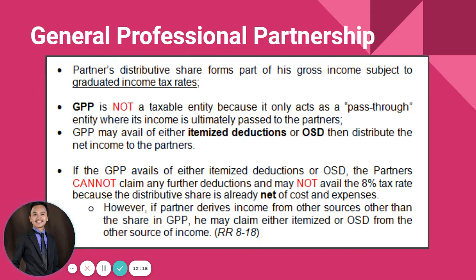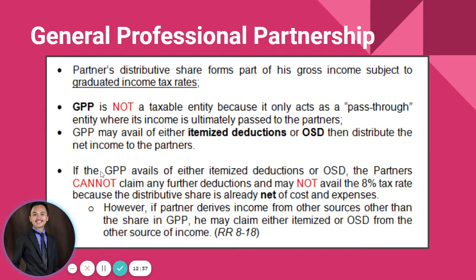So just like with your individual taxpayers or your corporation, the partnership also, particularly a general professional partnership, can use itemized deduction or optional standard deduction in computing the net income to be distributed to the partners.